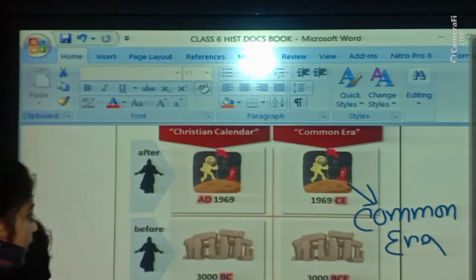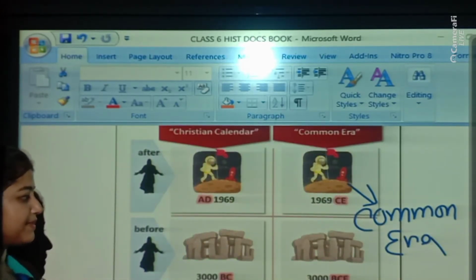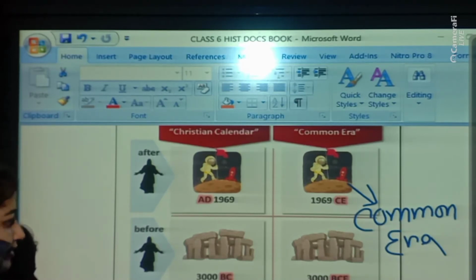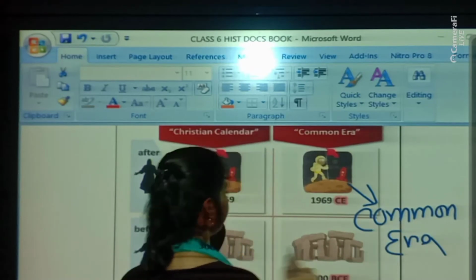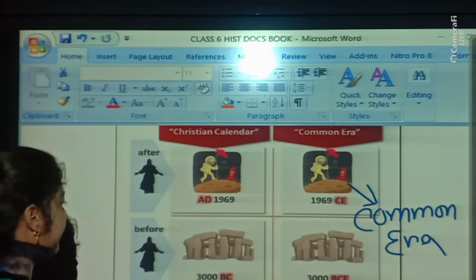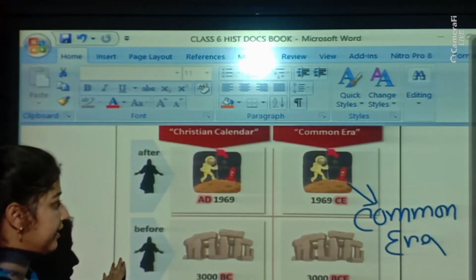Now, before 3000 BC or 3000 BCE, before common era means before Christ's birth, right?